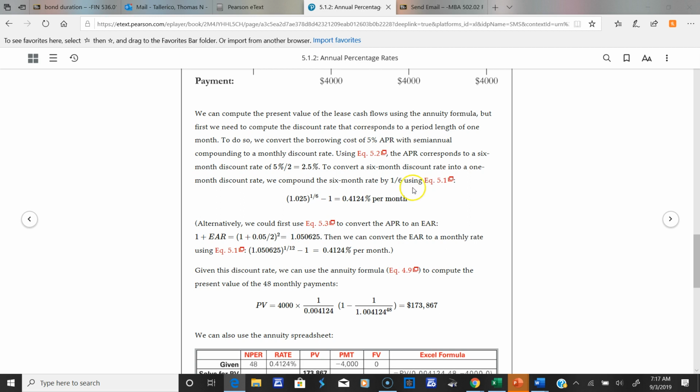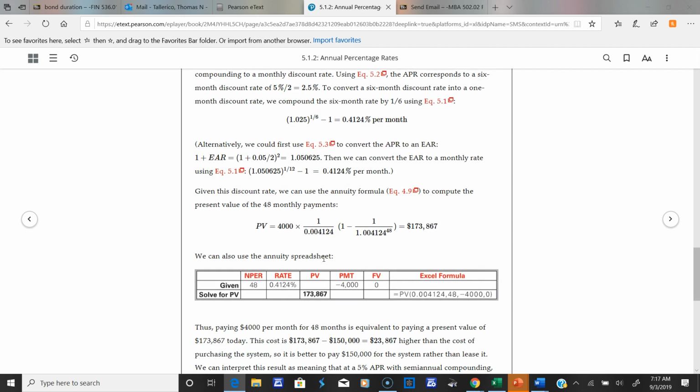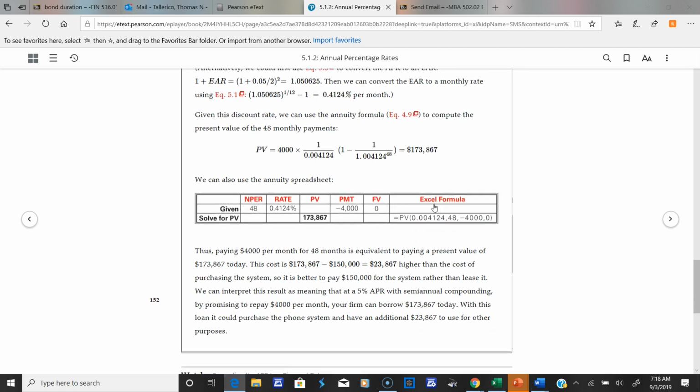So you could either use equation 5.1 or 5.3. This will give you now the effective monthly rate, and once you get that effective rate, everything has to be in months because you're paying per month. So the present value would be $173,000 if you paid $4,000 a month.